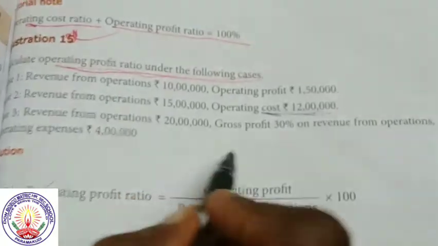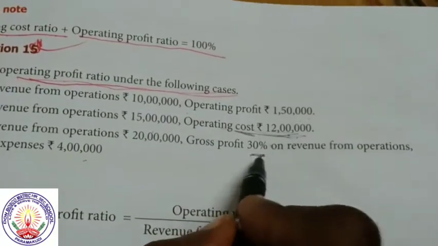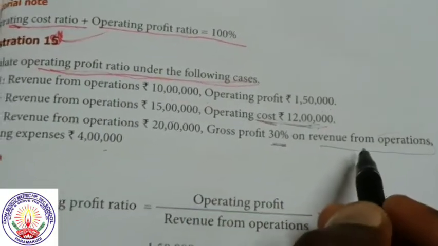Now find out case 3. Revenue from operation rupees 20 lakhs. Gross profit 30% on revenue from operation. What does it mean?